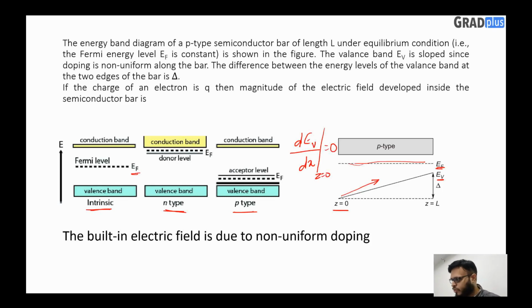When you reach the z equal to L position, the change in EV for z equal to L is delta.